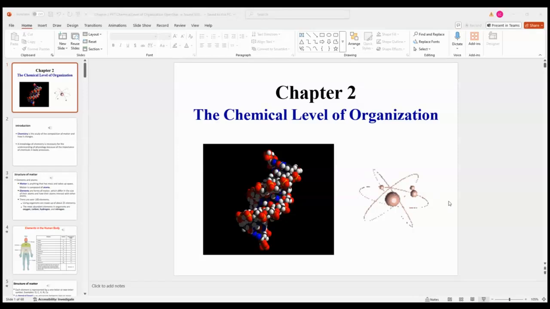This is a diagram of a water molecule: oxygen, two hydrogens, and the hydrogens are at an angle like this. They're not opposite each other, but these are just three different kinds of diagrams of a water molecule.